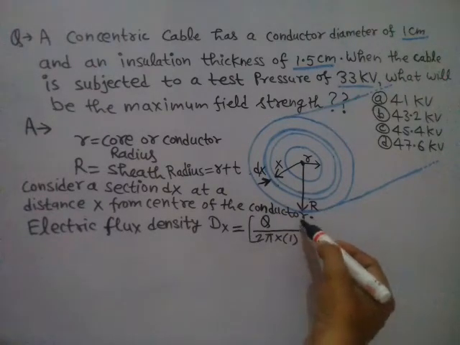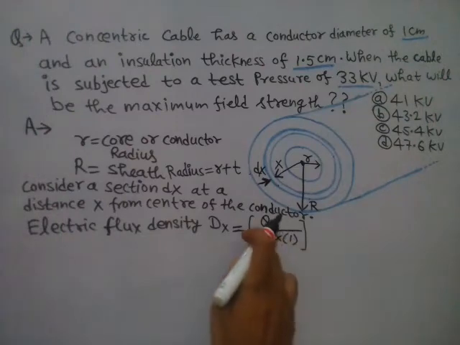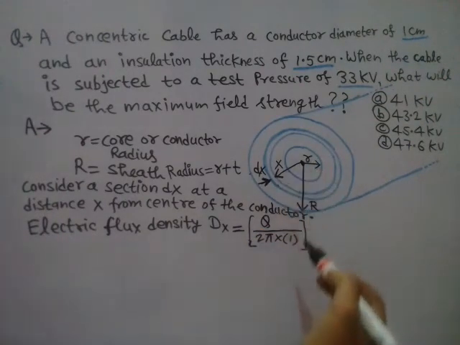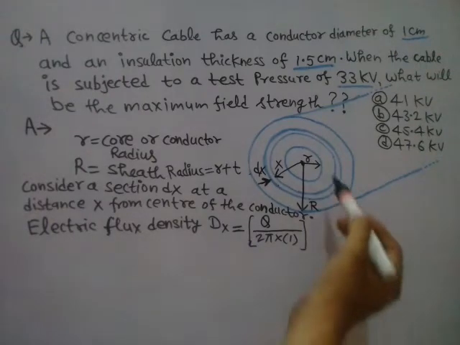So this is the expression of electric flux density at a distance x from the center of the core.